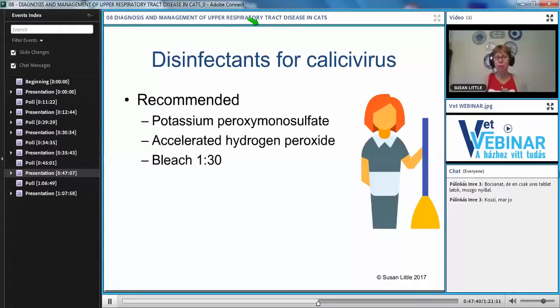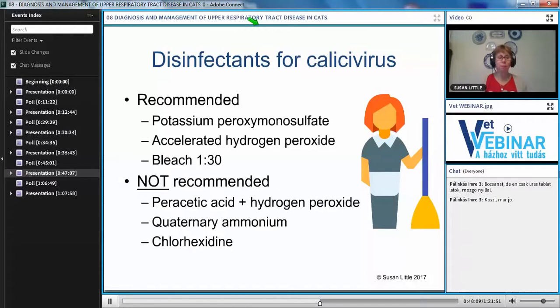The problem with bleach at a 1 in 30 dilution is that's pretty strong. It's irritating to hands, to mucous membranes. The fumes are irritating to eyes. The other two products that I've listed there are a little bit less irritating to skin and to mucous membranes. But all three of those would be recommended for calicivirus.